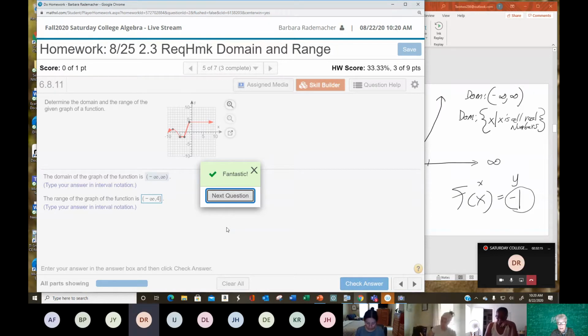The reason for that is that negative infinity and positive infinity are not numbers. They're really symbols that mean go on forever. So since it's just a symbol, you wouldn't put a bracket around it. Okay, thank you. You're welcome.